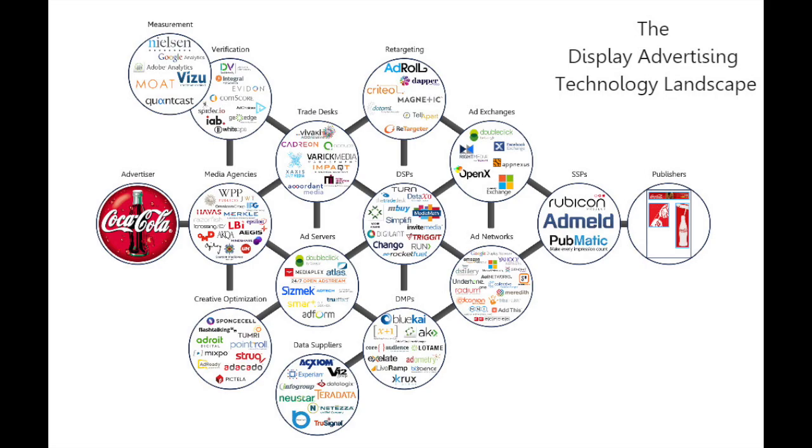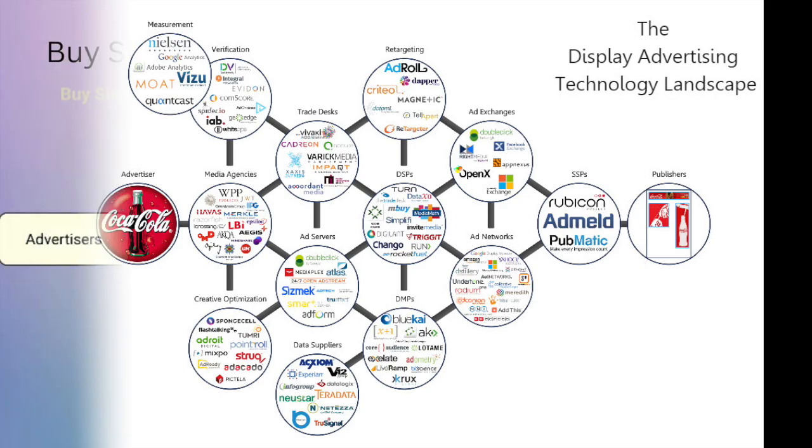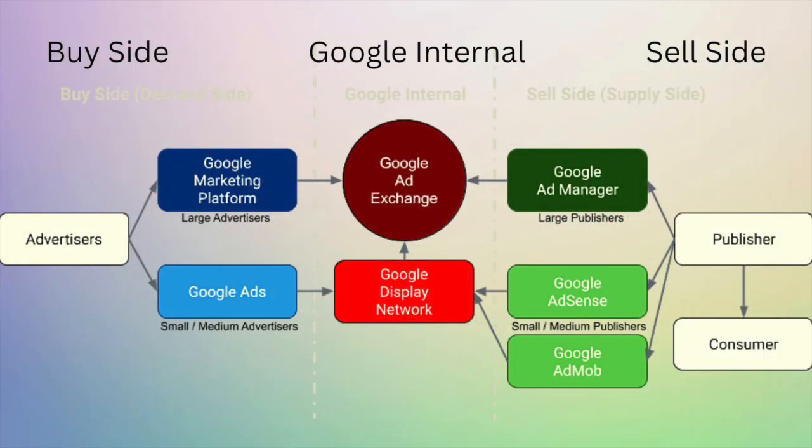These two platforms, Google Ads and DV360, are for advertisers. And AdSense, AdMob, Ad Manager and AdExchange are for publishers. Wholly this is called the Google marketing platform, or Google marketing suite, in the market.